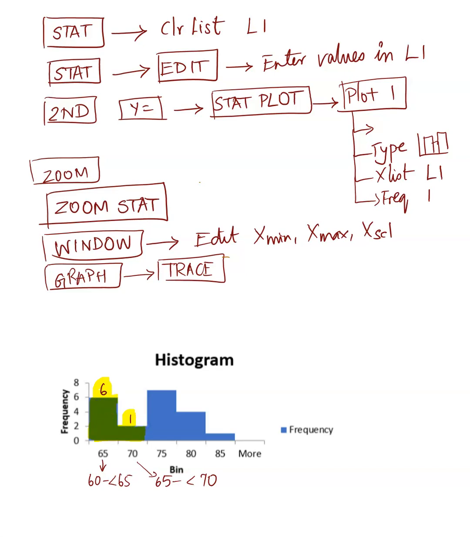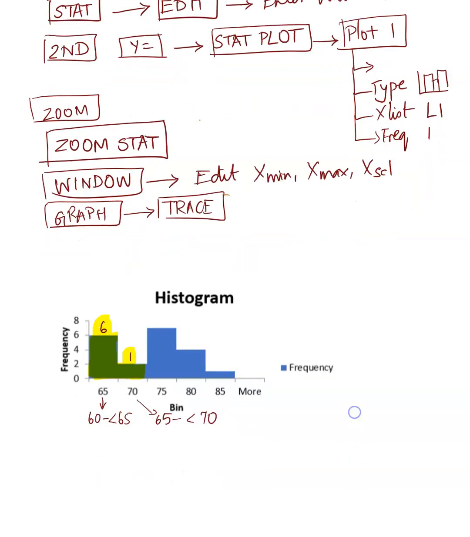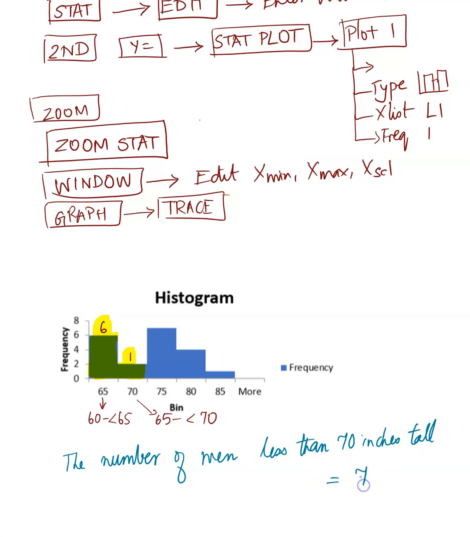So it's a cumulative version here, right? So we'll say the number of men less than 70 inches tall is 7. 6 plus 1. Okay. And you will look at other variations of these kinds of problem types. As always, follow the instructions and you should be good. So this covers our histogram problems.